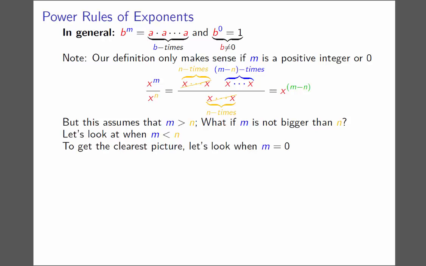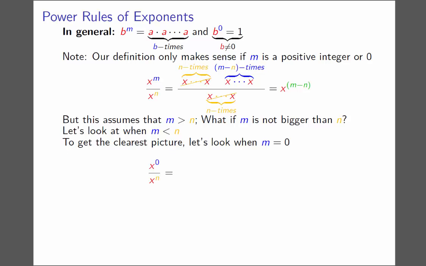To get the clearest picture, let's look when m equals 0, which we understand now. So x to the 0 over x to the n, on the one hand, is 1 over x to the n, because we just found that x to the 0 is 1. But on the other hand, if we want the power rule to hold, then this should be x to the 0 minus n.